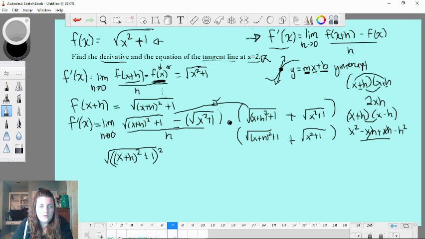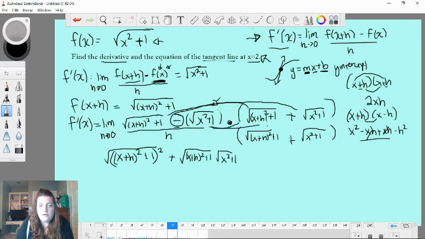Then this times the positive version. So you have the square root of x plus h squared plus 1 times the square root of x squared plus 1. And now we're using the negative one, so it needs to multiply by this one and the back one. When you multiply by the front, it's minus the square root of x squared plus 1 times the square root of x plus h squared plus 1.